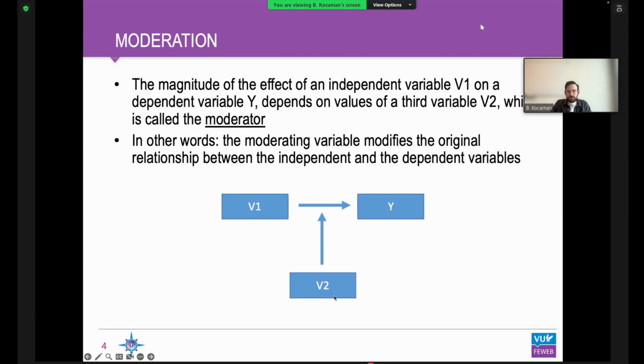So V2 affects the magnitude of the relationship or the effect of V1 on Y. In other words, it modifies the original relationship between V1 and Y. So we are talking about this kind of third interactor variable that affects the relationship between the two variables that already exist.